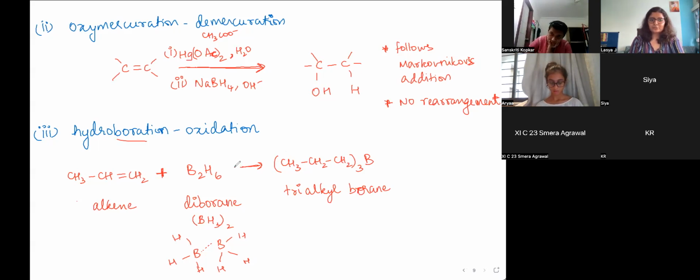So this is the hydroboration part of it, because you're adding a hydrogen and a boron to this.